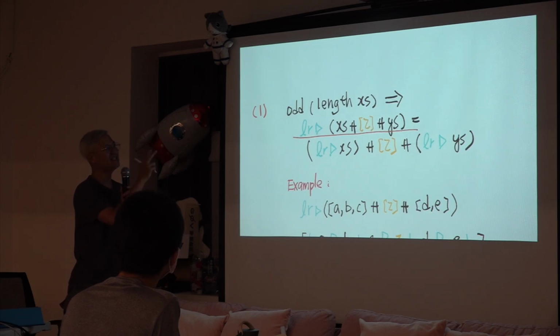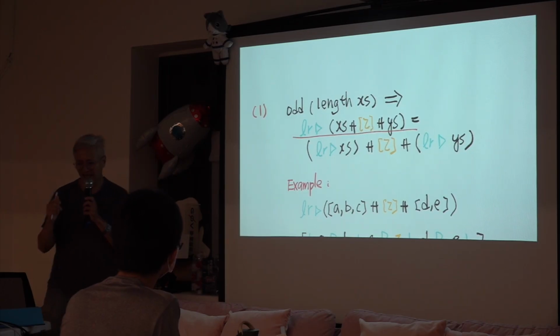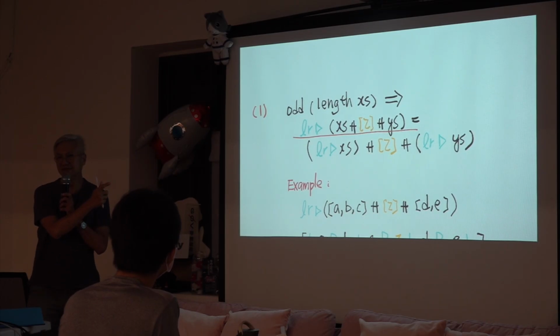If the left xs is even, then that one has to be our LR interleave, but we don't need it today. Do you believe that?